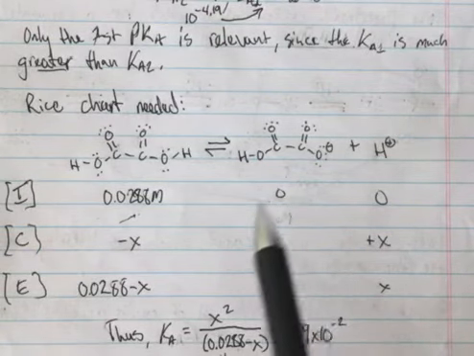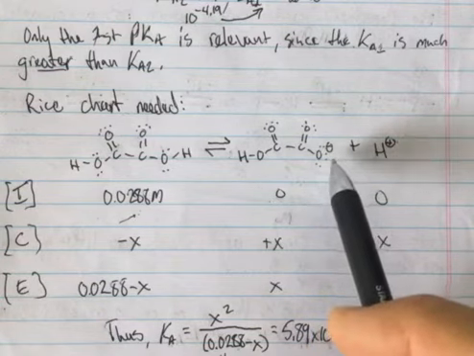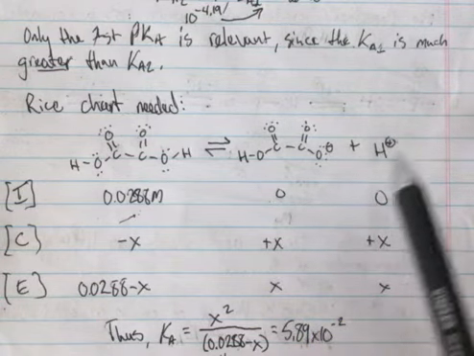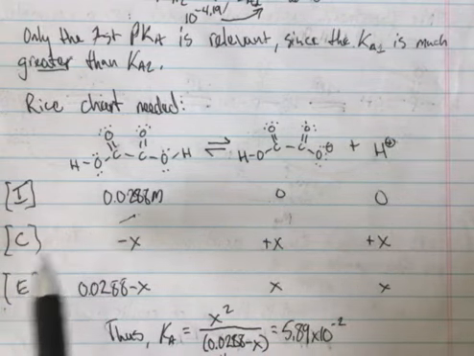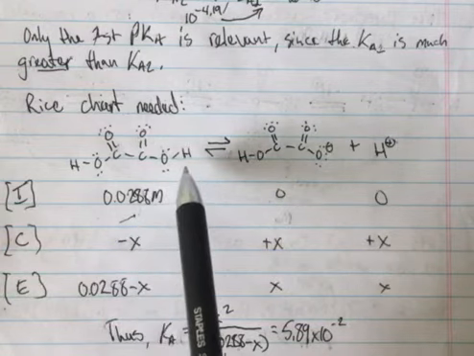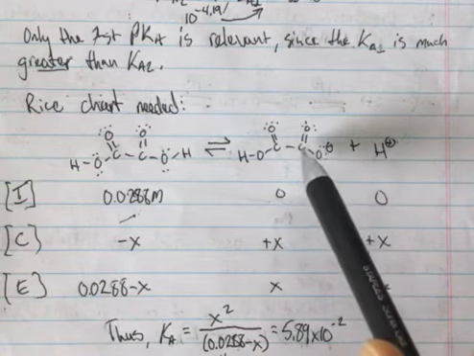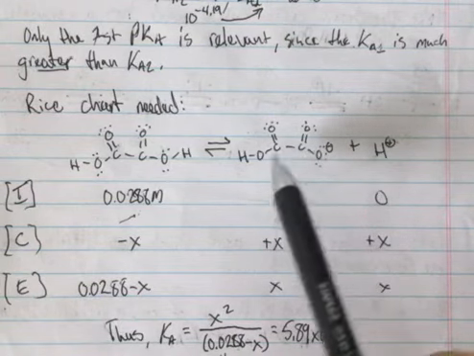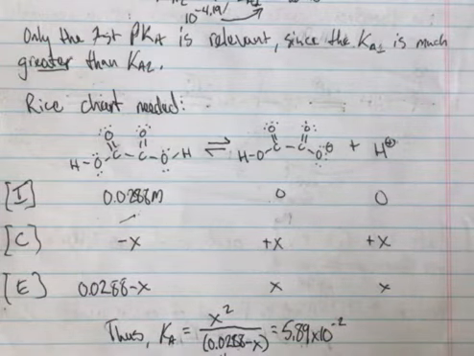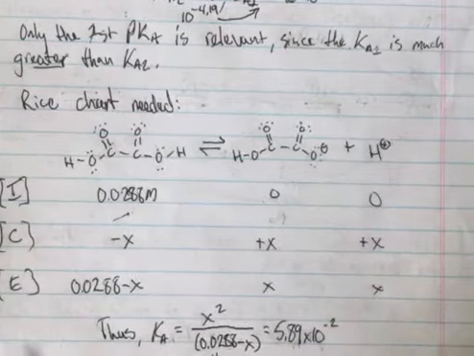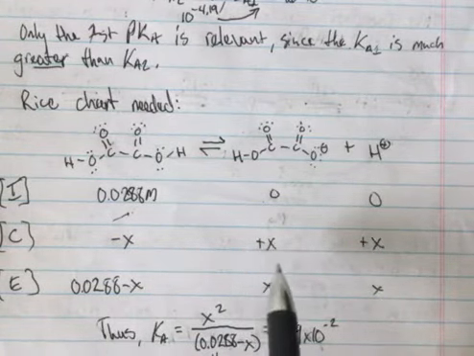We have 0 amount of initial oxalate, or monooxalate, I guess, and then 0 of H+. Now, when we undergo a change, we're going to have a minus, so it has to come from somewhere, right? So minus X, and you're going to generate proportional amounts of the conjugate base form as well as H+. And then at equilibrium, of course, you're just going to take the difference, right? So X minus 0 is going to give you X.